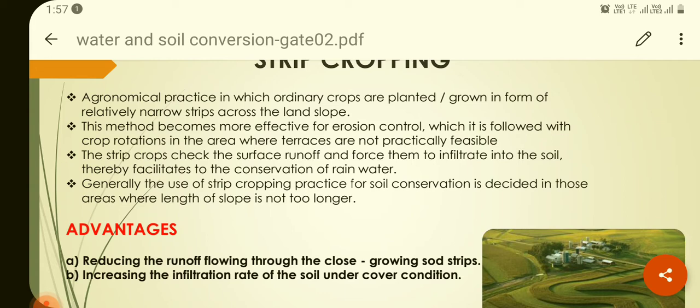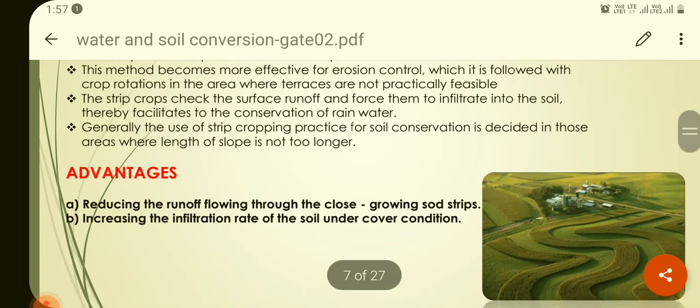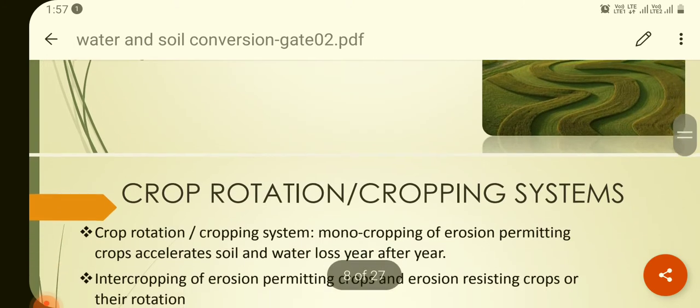Strip cropping checks the surface runoff and forces it to infiltrate into the soil, thereby facilitating conservation of rainwater. Generally, strip cropping for soil conservation is adopted in areas where the length of slope is not too long. The advantages are reducing the runoff flow through the close growing short strips and increasing the infiltration rate of the soil under cover condition.